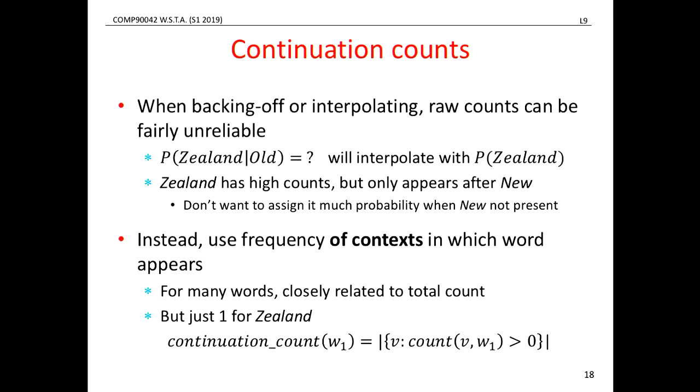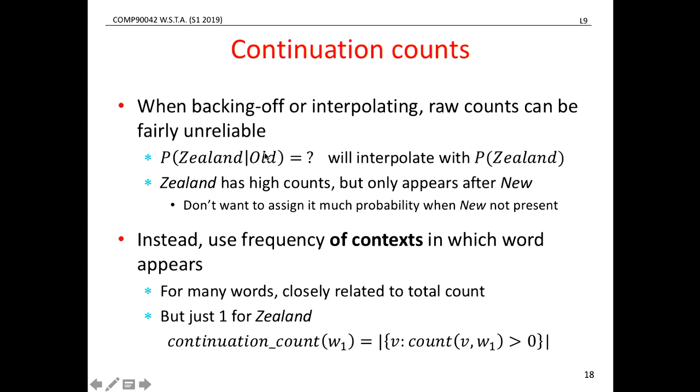So if we're looking at the token Zealand, we don't really want to get too carried away with how common it is, because most of the time it's actually part of New Zealand. It's not a very versatile word. It can only appear in very few places. If there's anyone here who's Danish, they might dispute some of the numbers on this slide, because I believe Zealand is the name of one of the islands in Denmark, which is what New Zealand was named after. But anyway, let's just ignore that and pretend that Zealand only occurs in the context of New Zealand.